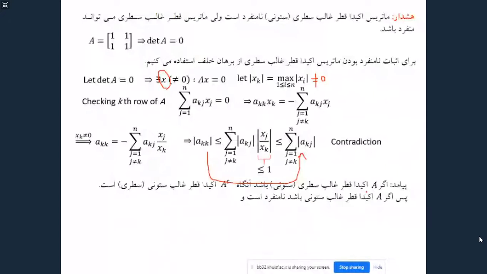If A is strictly row or column diagonally dominant, then A transpose will be strictly column or row diagonally dominant. That means if A is row dominant, A transpose is column dominant. If A is column dominant, A transpose will be row dominant.